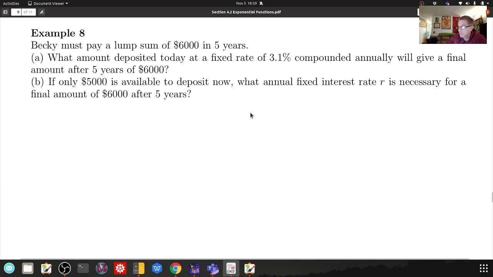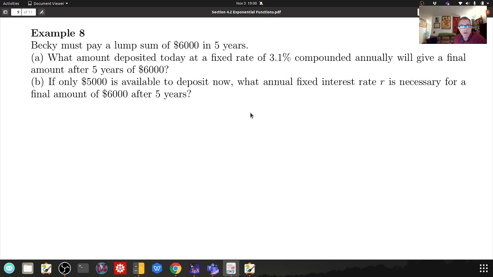So let's do another problem. So again, we're going to use the same more or less type of formula, but this has two parts. So Becky must pay a lump sum of $6,000 in 5 years.